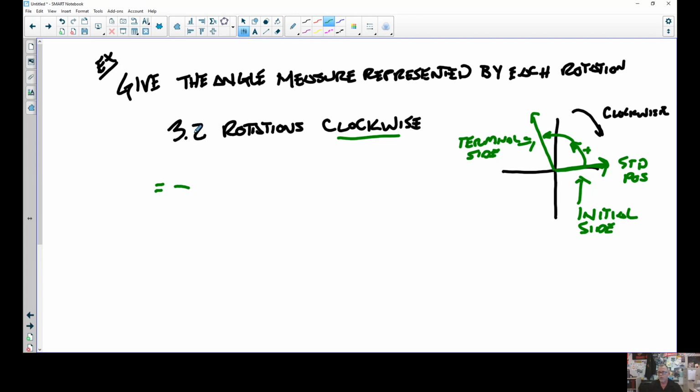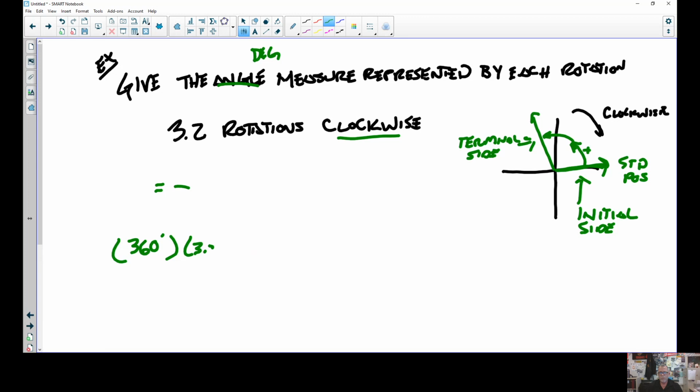Now, 3.2 rotations: how much is it to go completely around a circle in terms of degrees? It says give the angle measure. When we talk about an angle measure, we're talking degrees here, right? So how many degrees is it to go around one full rotation? That would be 360 degrees. So to find this degree measure, we take 360 degrees. Get used to writing your degree symbols on everything that's a degree, folks, because we're going to be using radians later in this chapter too.